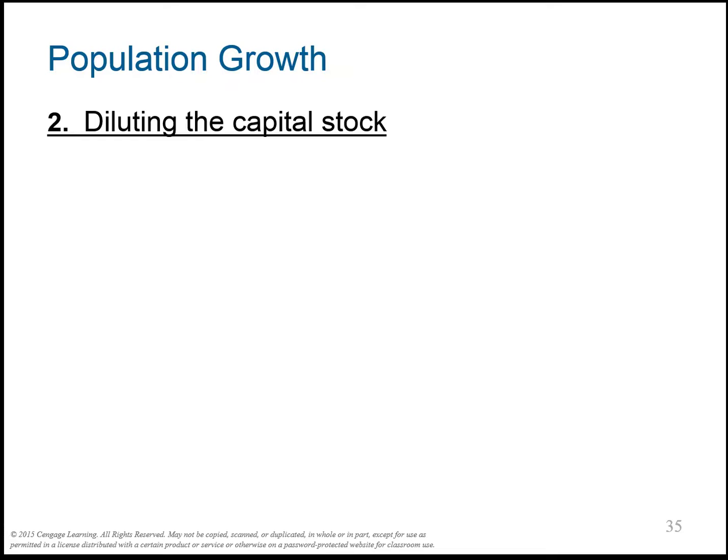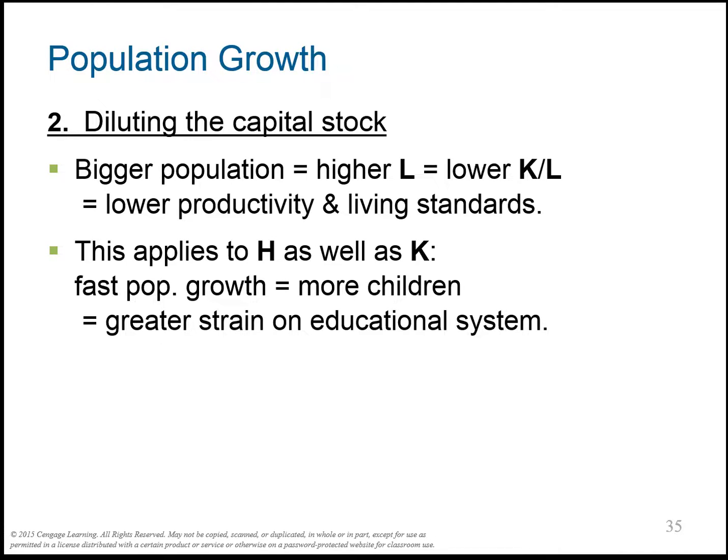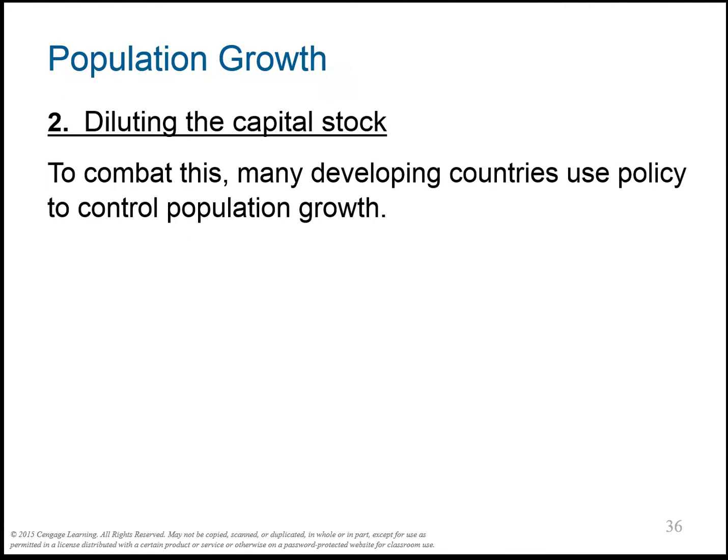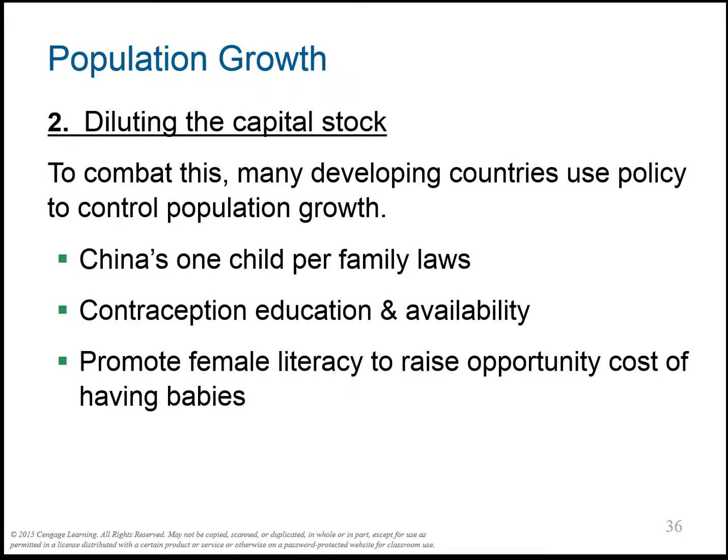So another thing that happens when L goes up is that both H over L and K over L go down, right? And so there's lower productivity and living standards from that, right? And it's true that countries with fast population growth tend to have lower educational attainment. Many countries actually have population growth control laws, right? Because they think that this is happening.